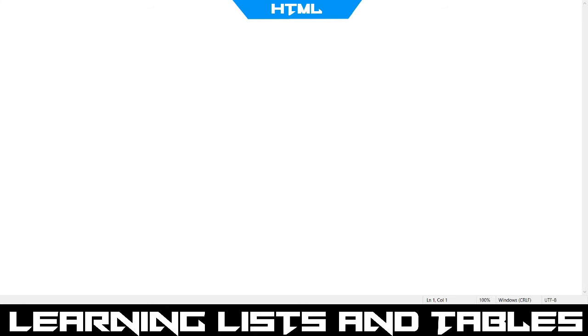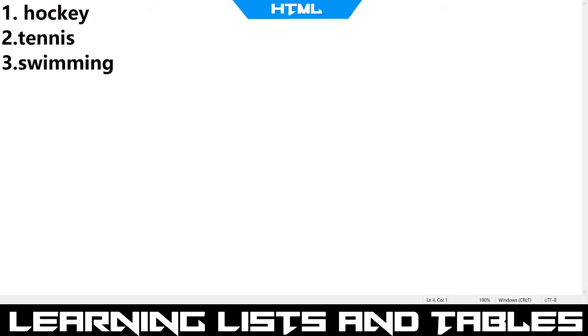Suppose I want to create a list of my favorite sports. My first favorite sport is hockey. Then my second favorite sport is tennis. Then the third one is swimming. The fourth sport we can mention is football.